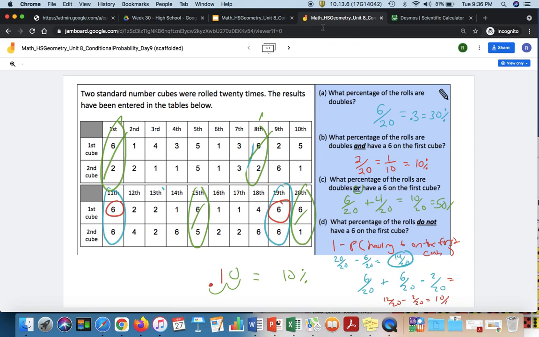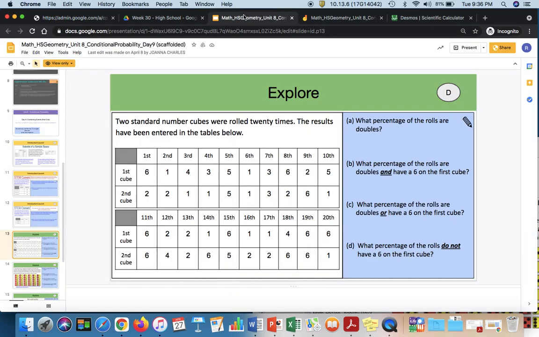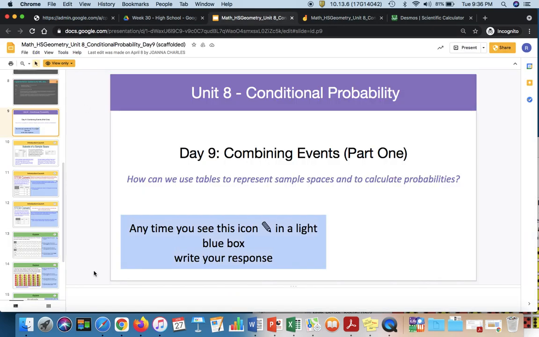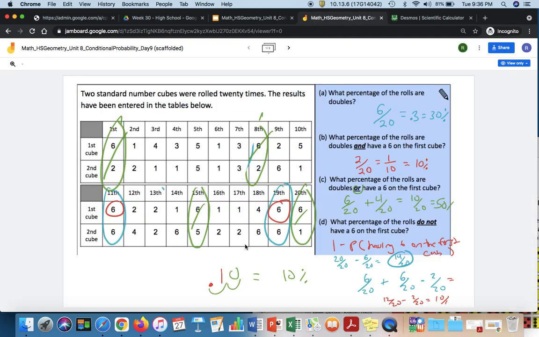So once again, here is just a sample of how to solve questions with our focus question in mind. In this case, let's take a look back at slide 9. How can we use tables to represent sample spaces? So this was an example of how to use those tables to represent sample spaces.